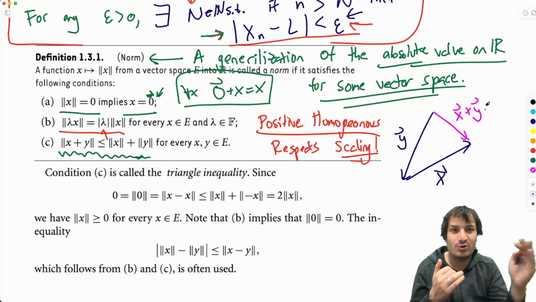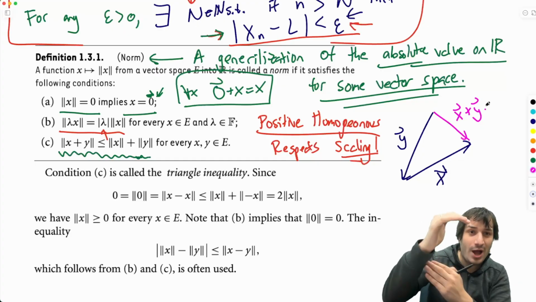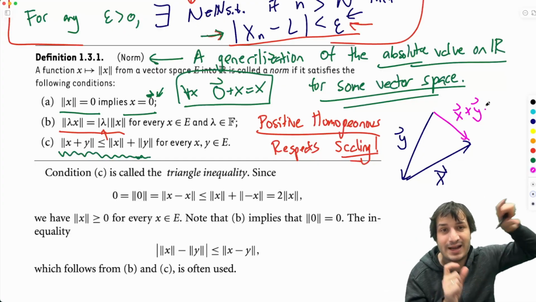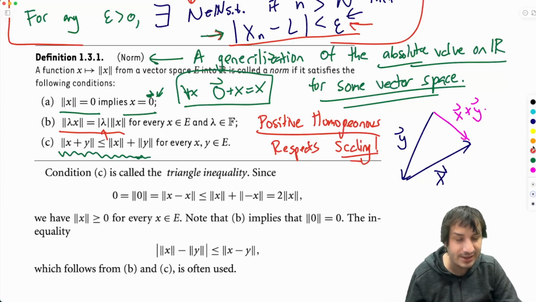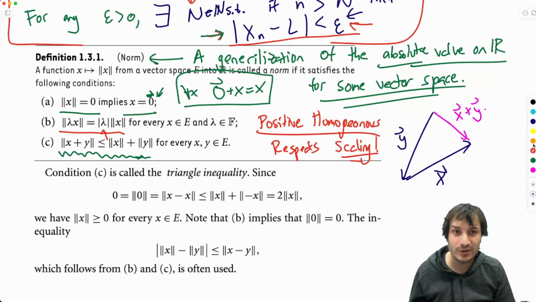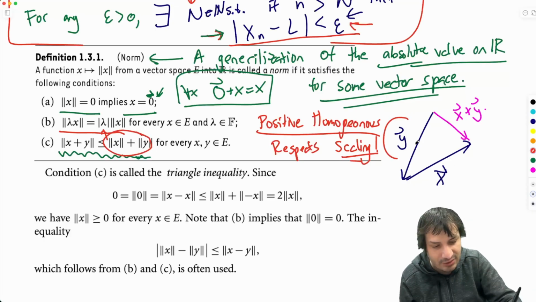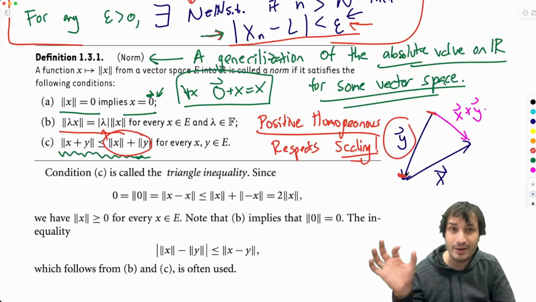We have a triangle whose one side is represented by the vector x, one side is represented by the vector y, and the third side is the vector x plus y. And the triangle inequality says if you sum up two sides of a triangle, it must be larger than the third side of the triangle. And that's exactly what this is saying over here. So if you take the length of this vector measured by the norm, that's the norm of x.